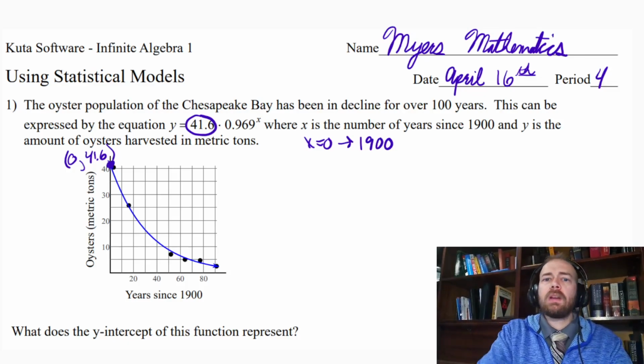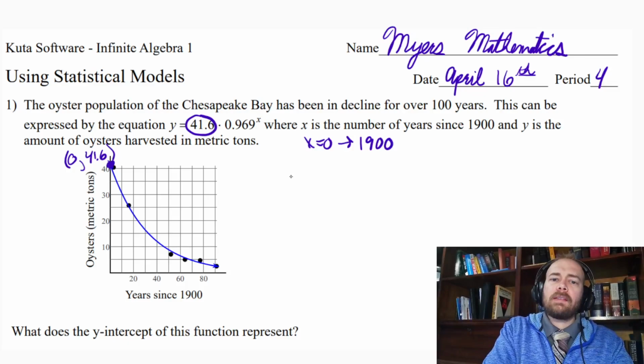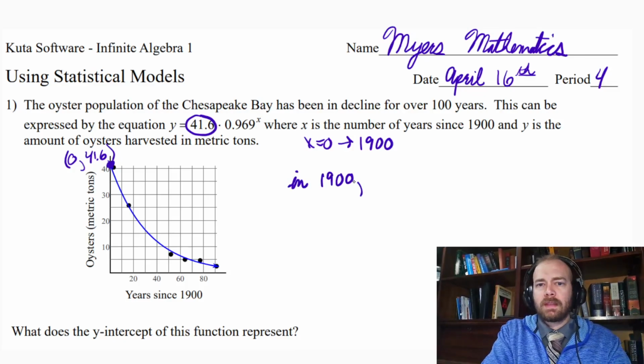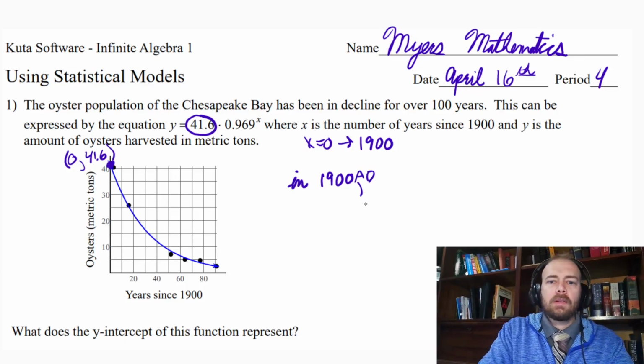So in the year 1900 AD, Anno Domini, what does the y value mean?